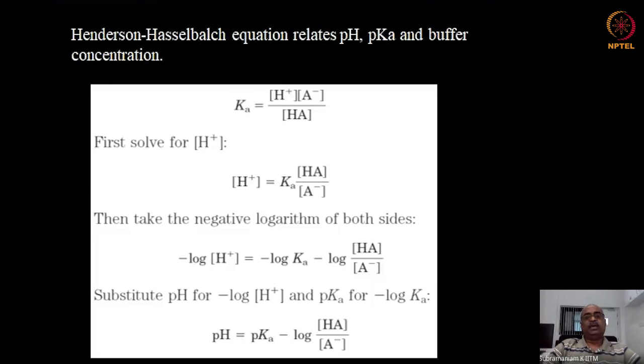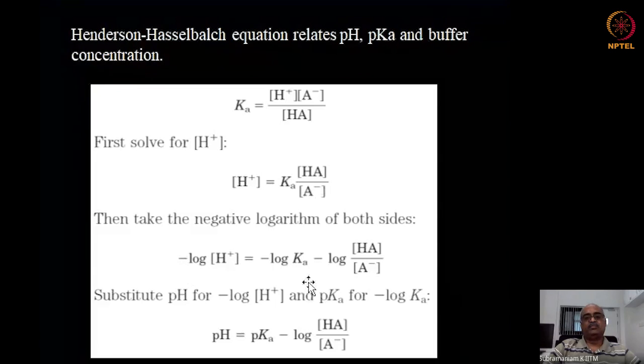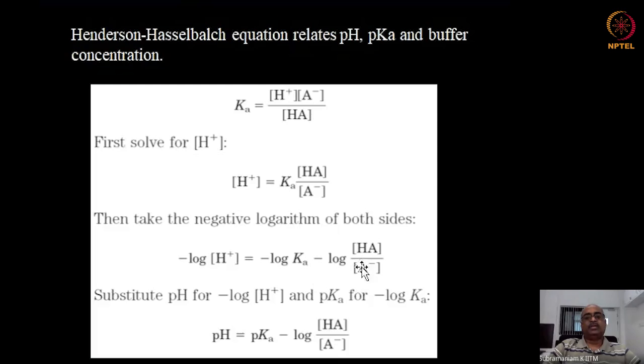And this is called the Henderson-Hasselbalch equation. Okay, this relates the pH, pKa, and the ratio of the conjugate acid and base. So this is quite simple. You start with this equilibrium constant that we are all familiar with. Then you rearrange it for H plus. Then you take negative log on both sides. Then you change the sign.